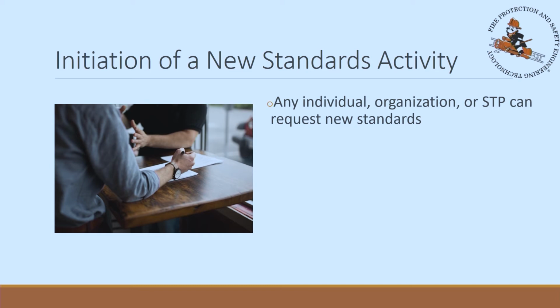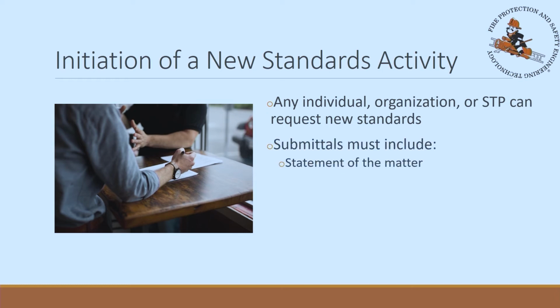UL will then develop a standard that meets those needs, because a design standard is driven by industry. See the module on design standards for more details, but it's driven by all facets of industry. So when industry comes forward saying we need products to do this, UL will say okay, we'll come up with this test standard for that, and then start testing the different devices to make sure that they meet what's required in that standard.